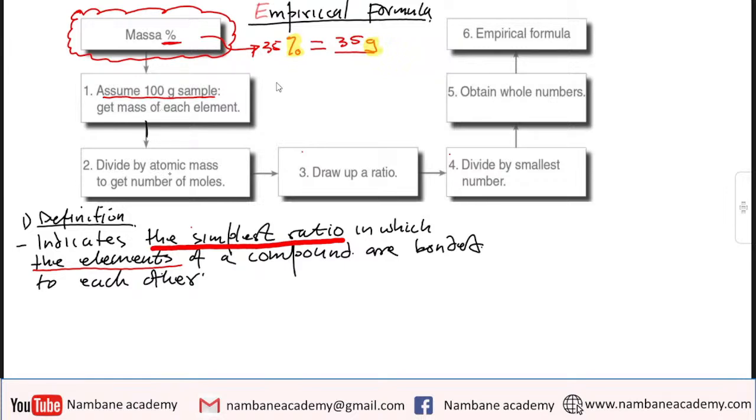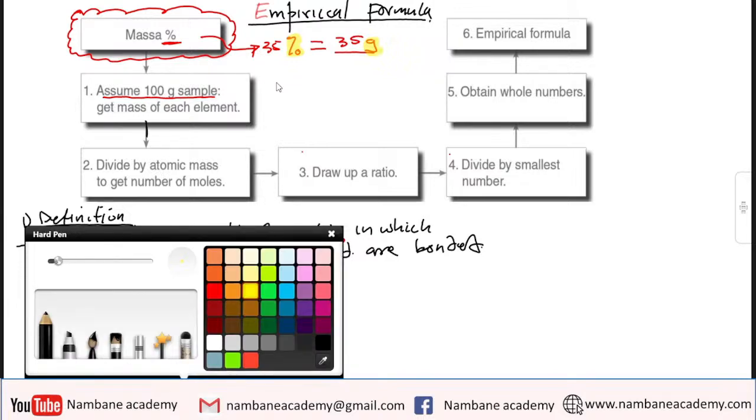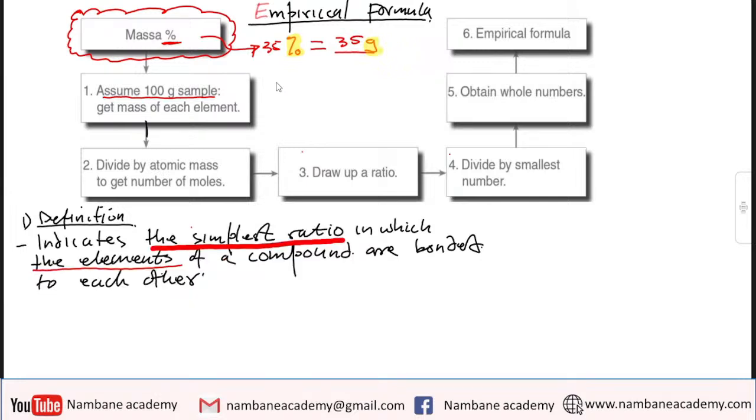What must I do as step number 2? Divide the atomic mass to get the number of moles. Ladies and gentlemen, let's just say here, calculate the number of moles of each element.